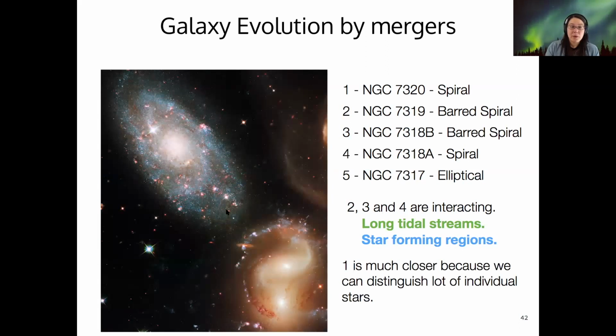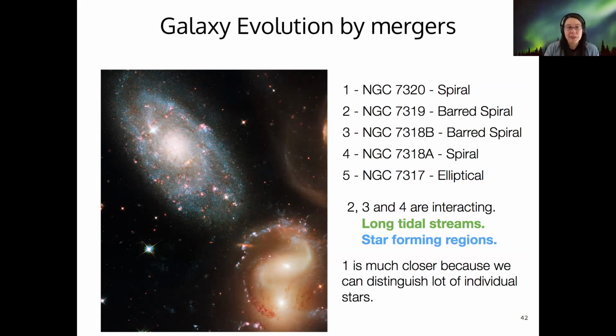When we think about distance to all these galaxies, in galaxy 1, we can actually very clearly make out individual stars, right? All these little blue dots. And so we would expect that 1 would be a lot closer for that reason. And so it's probably not part of this interacting system, even though because of all the blue and red, we can say that this is an area of active star formation.